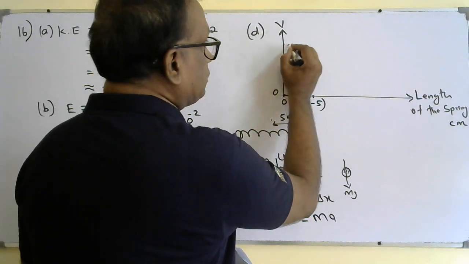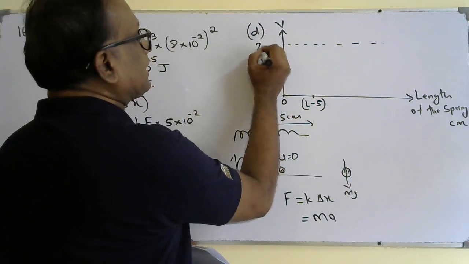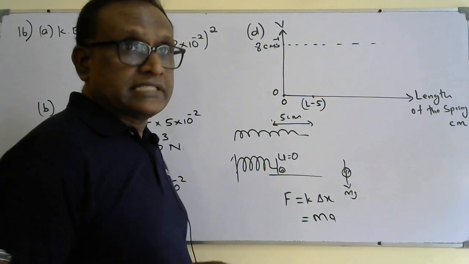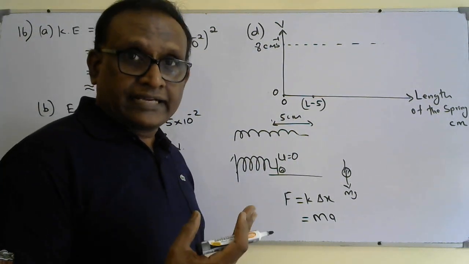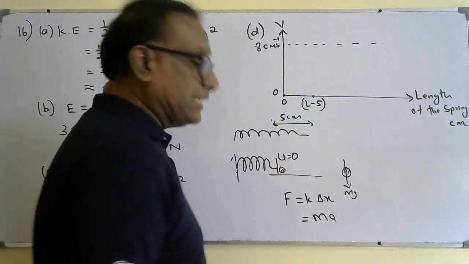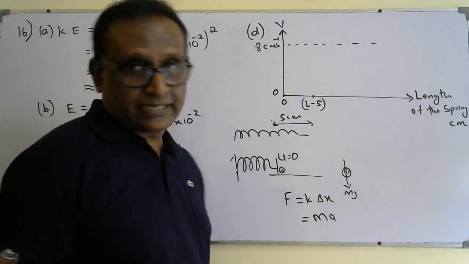Finally, the velocity should become how much? We already said 8 centimeters per second. So initially it starts from 0 velocity, and the velocity will increase. The rate of increase of velocity will decrease with increasing length of spring, because the compression is decreasing, so acceleration is decreasing.